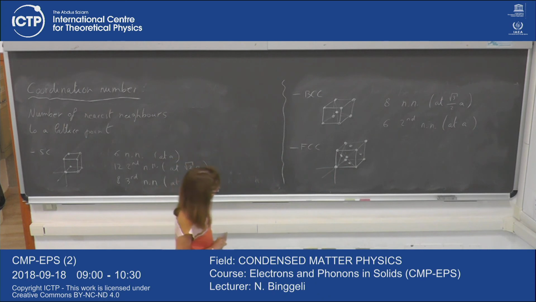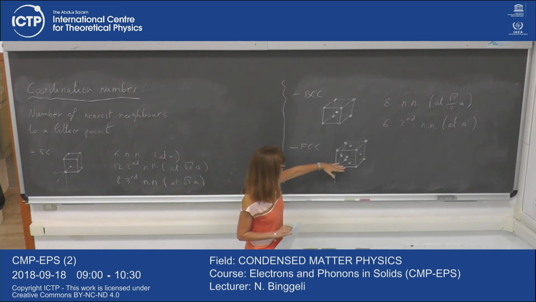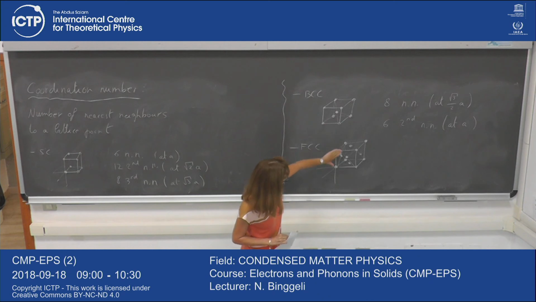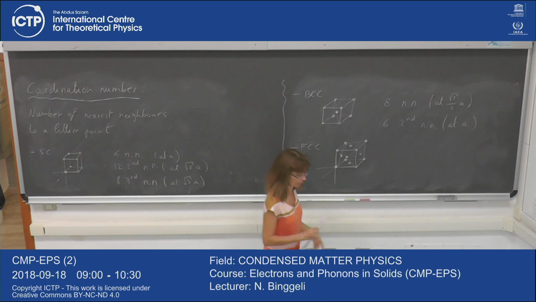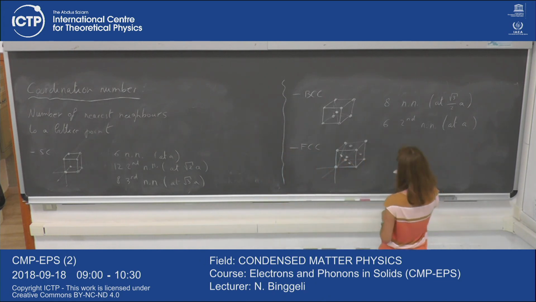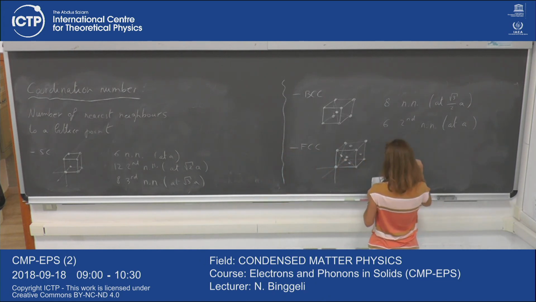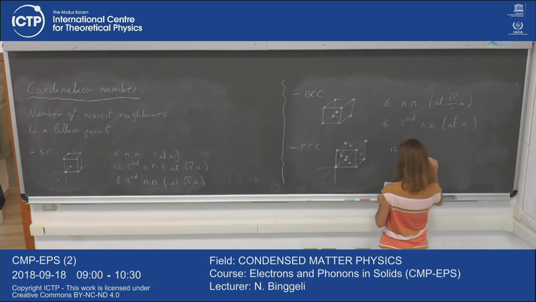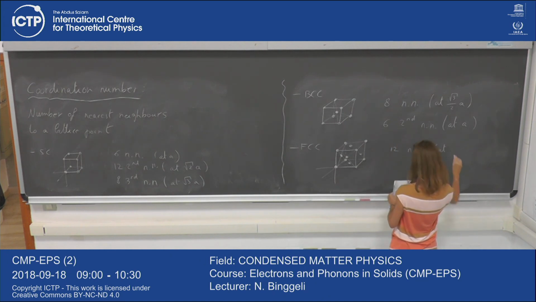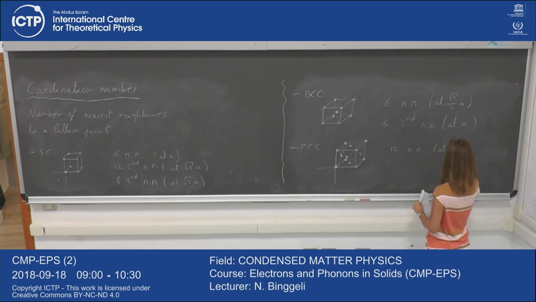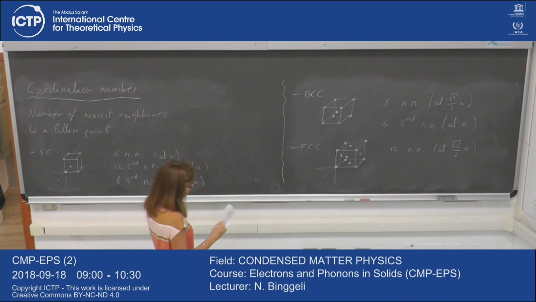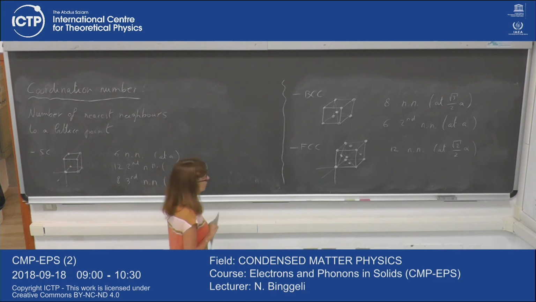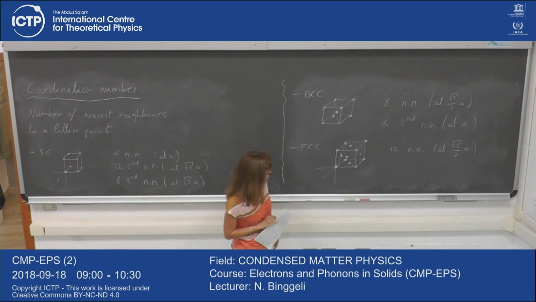So I would have 4 in the horizontal plane, 4 in one of the vertical planes, and 4 in the other vertical plane, so 12 nearest neighbors at the distance square root of 2 over 2 times A. And how many second nearest neighbors? 6.